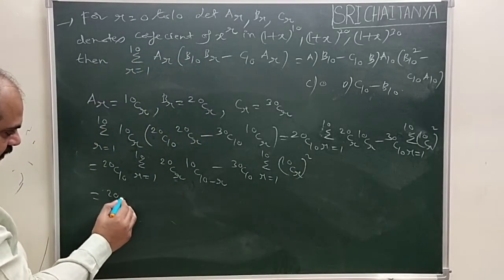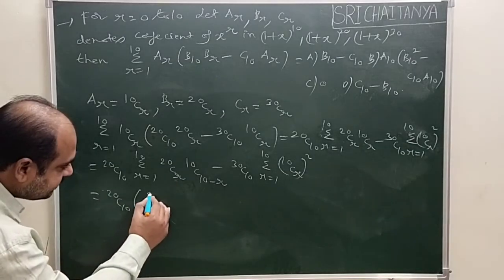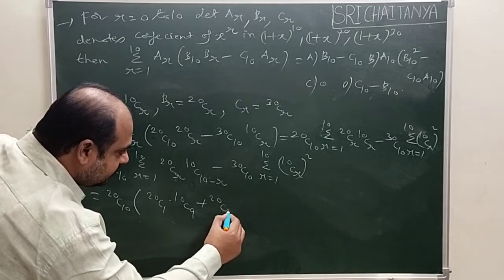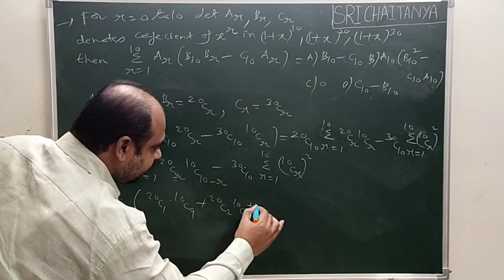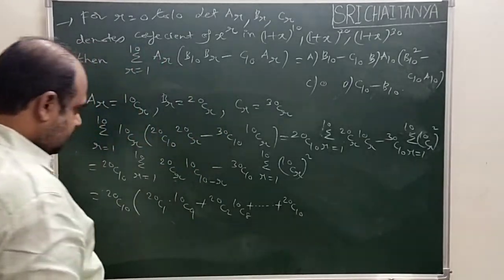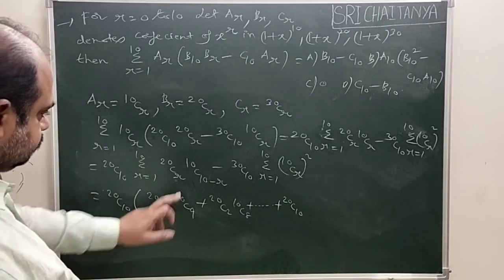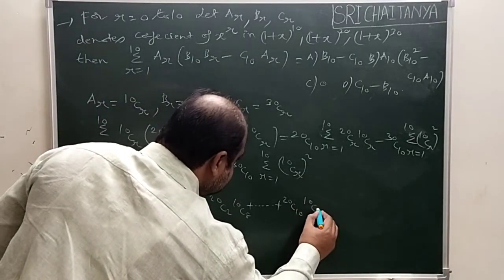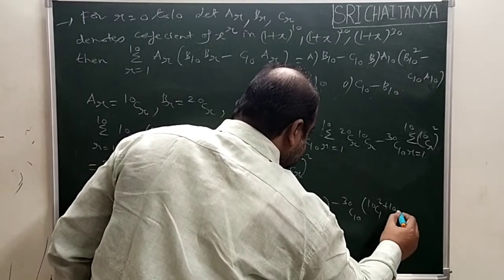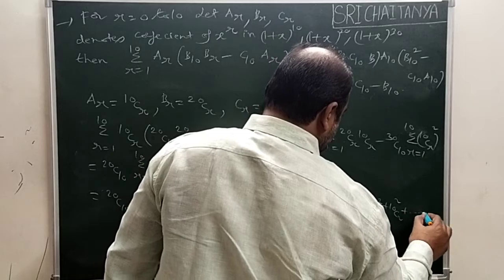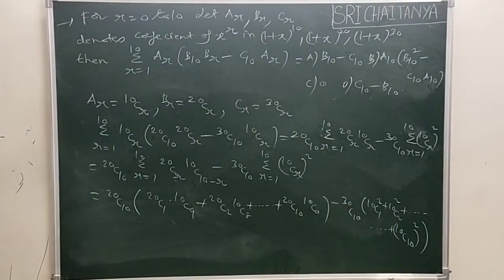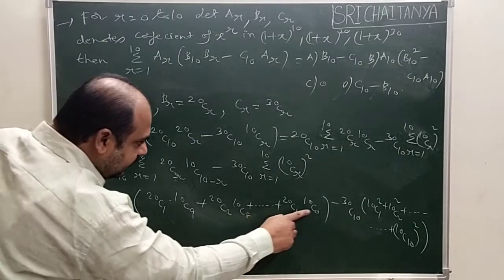Now expand this. So 20C10 into (20C1 into 10C9 plus 20C2 into 10C8 and so on, plus 20C10 into 10C0) minus 30C10 into (10C1 squared plus 10C2 squared and so on plus 10C10 squared). Now look: 1 plus 9 is 10, 2 plus 8 is 10, 10 plus 0 is 10.